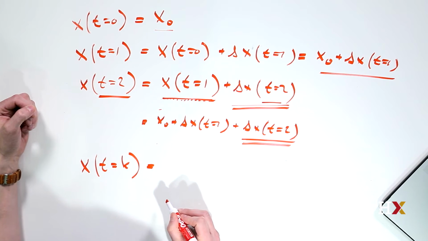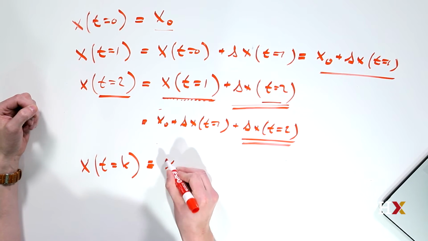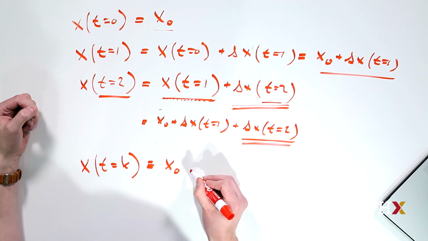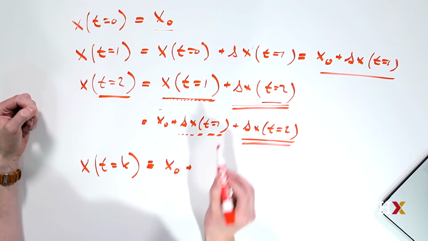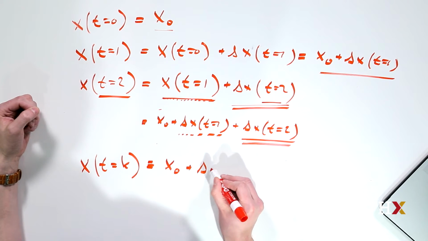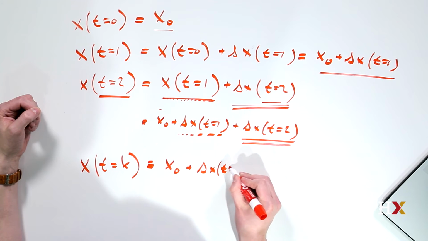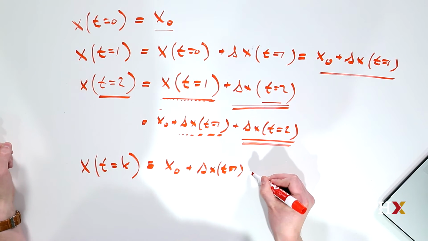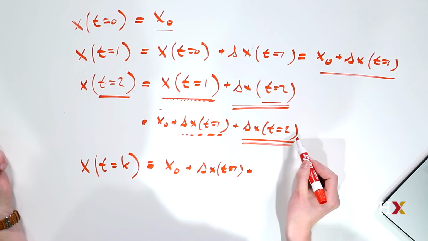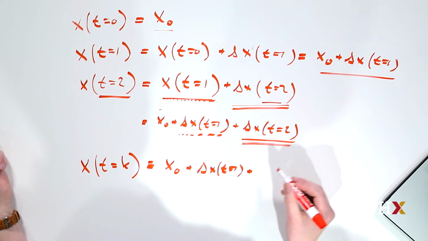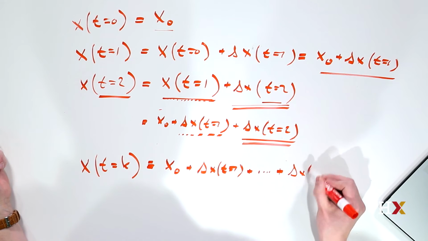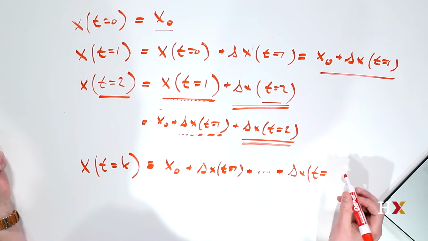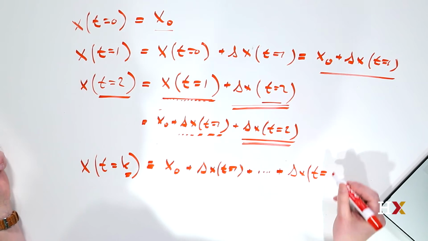We will always have the initial location x naught, and this is going to be followed by a sum of displacements. The first displacement is going to be this term, delta x at time t equal to 1. This will be added to the displacement delta x at t equal to 2, all the way to displacement delta x that corresponds to t equal to k.